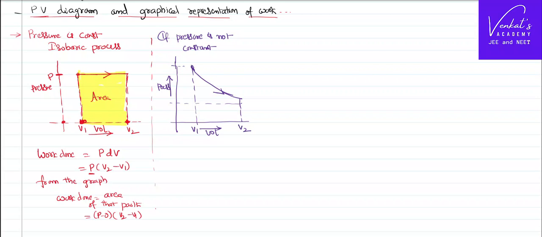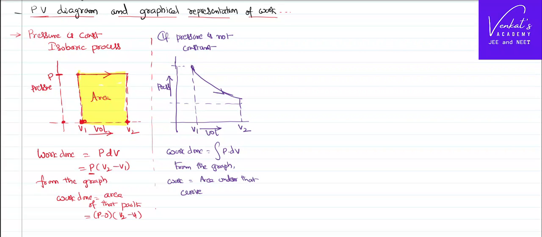In this case, if you want to calculate the work done, as pressure is also variable, you have to integrate to get the total work done. And if you want to get it from the graph, we have to find the area under that curve.